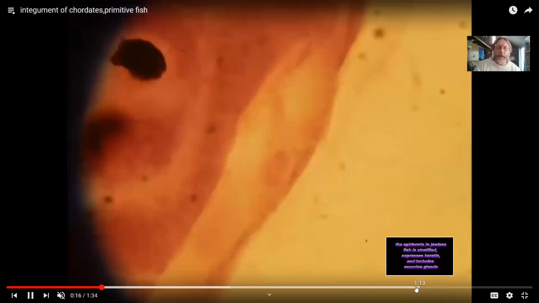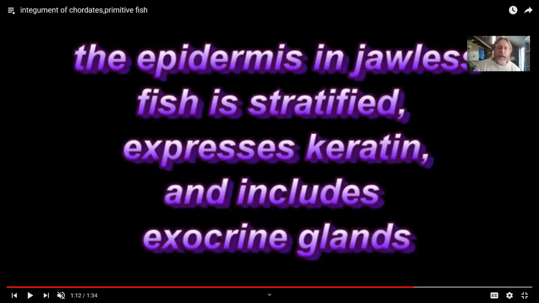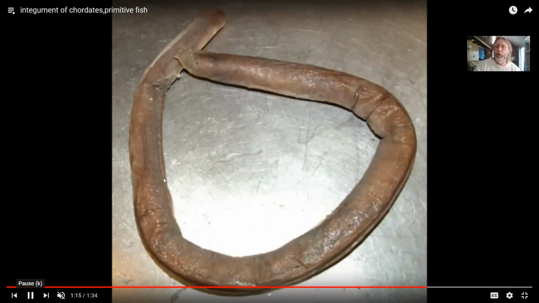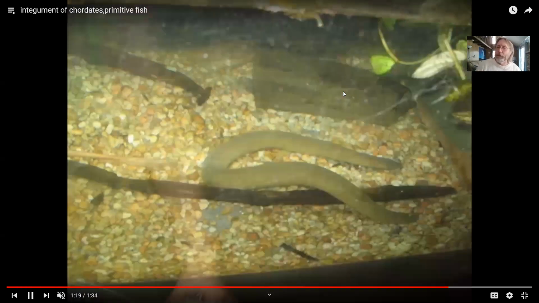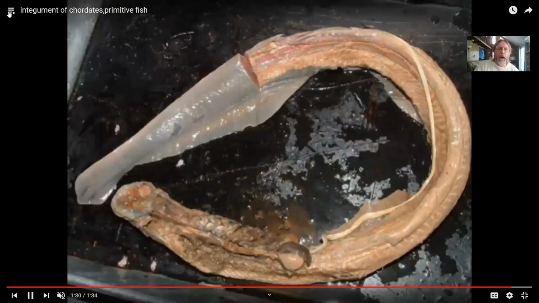It was in the first fish, however, that we see a number of traits being shared, including exocrine glands. And so the ancestors of the first vertebrates had glands, and the hagfish is well known for the slime that can be released from its body. So fish, beginning with the first fish, have glands associated with their skin.